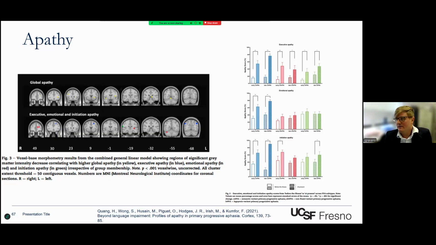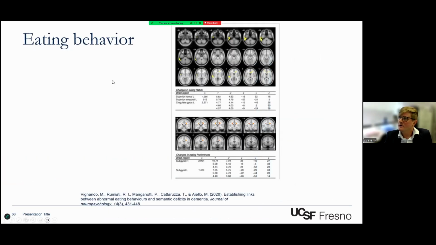So their conclusion was yes, that there are differences in the different types of apathy profiles, and that this may relate to underlying changes or differences in the syndromes, as well as perhaps some shared commonalities in the overlap of the anatomy.